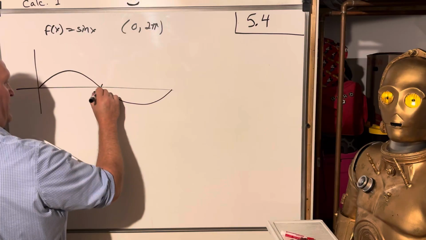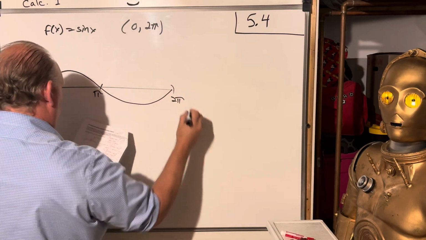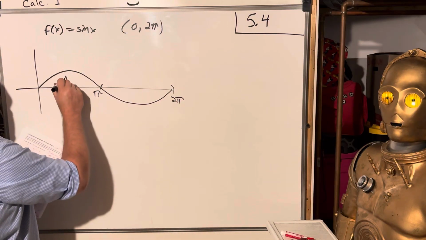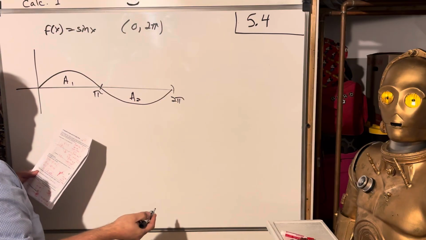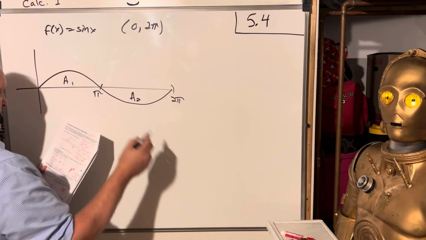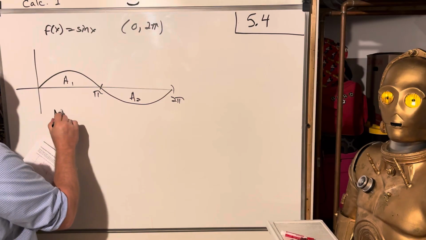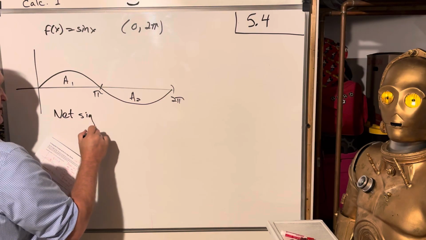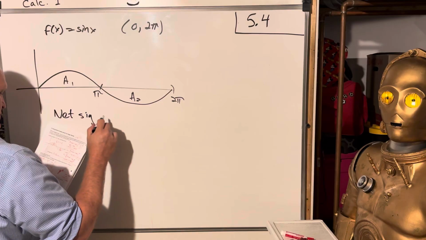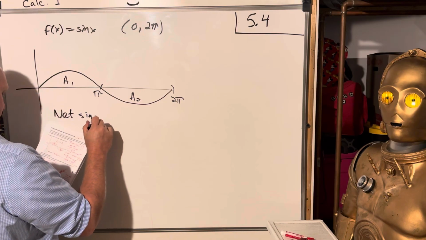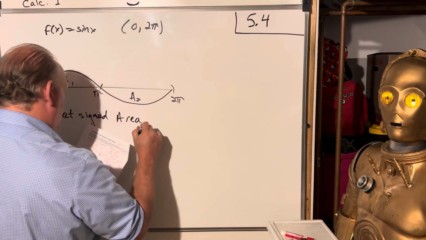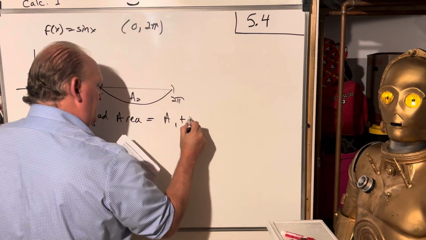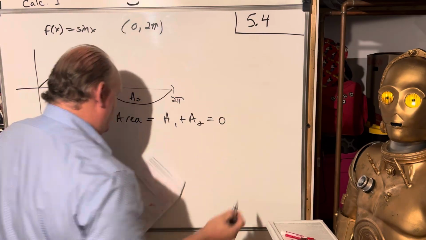So there's pi, there's 2 pi, and all of this area, area 1, and all this area, area 2, end up wiping each other out. The net signed area for the sine curve on the interval from 0 to 2 pi is equal to 0, because we have A1 plus A2, which is 0.